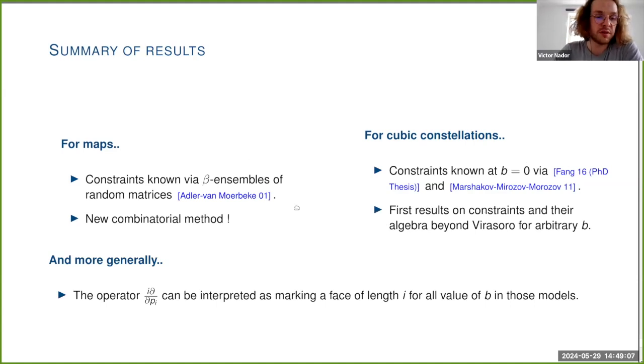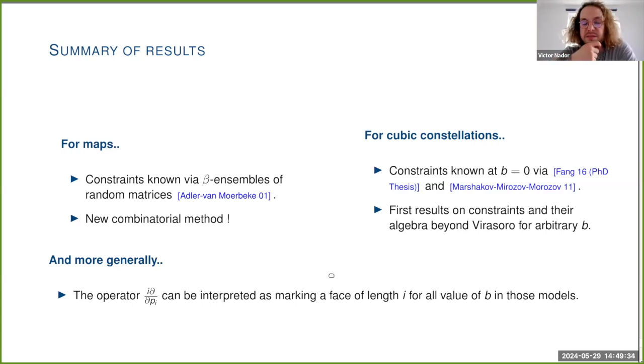Another interesting consequence of this work is that our constraints involve this operator i times derivative with respect to p_i. And so what this tells us is that this operator can actually be interpreted as marking a face of length i in a map, which was not obvious at all because of this lack of symmetry of the b-weight with respect to duality.